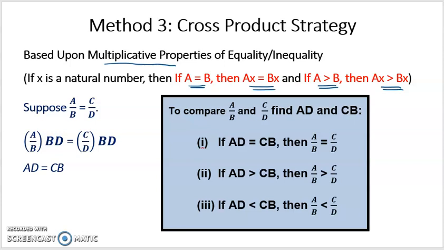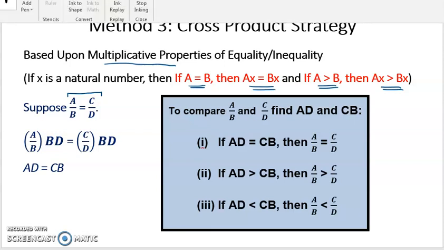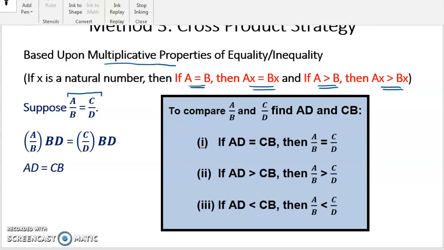So how does that get used to compare fractions? Well, we're going to look at these two fractions, a over b and c over d, and say, what if they were equal? If they're equal, by the multiplicative property of equality I can multiply each side by the same thing, b times d. Notice something nice that happens here.